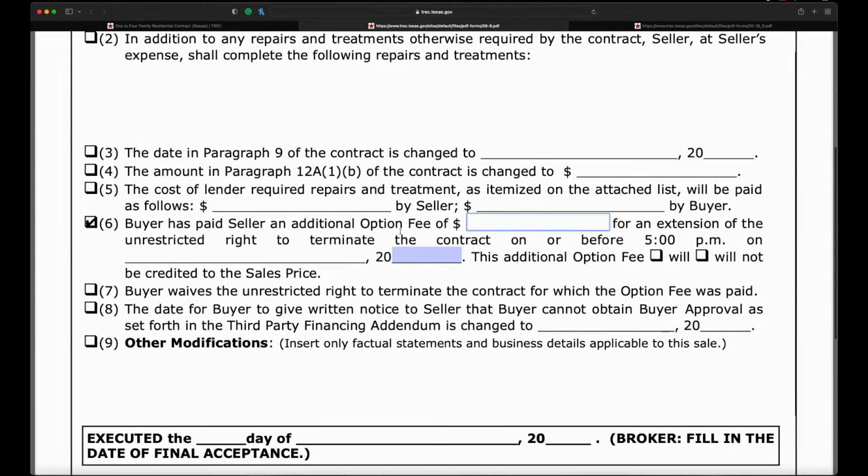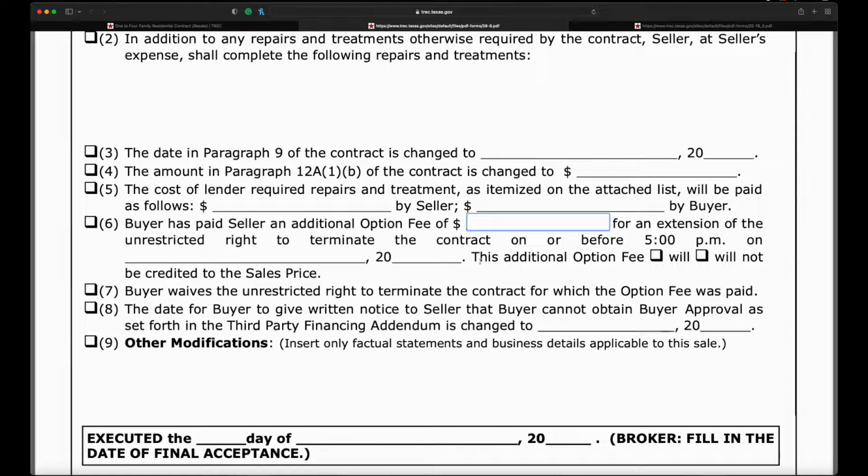If you're not going to pay, let's say it's the seller's fault that they didn't have the utilities on for inspections, or they needed a little bit more time to get back to you, and it's not really your buyer that's wanting the extension, just to be fair, you can put 0 here. You put 0, and then you just put the date here, because you're not paying.